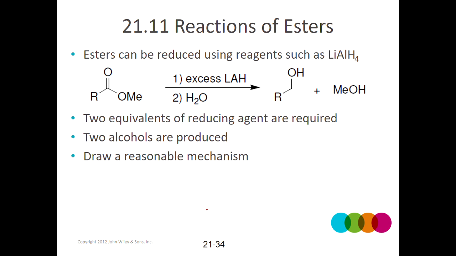All right, so what else can esters do? Esters can react with LAH. We've seen this reaction earlier in the semester when we talked about using LAH. So we know that the aluminum, the LAH, delivers a hydride here, push these electrons up.